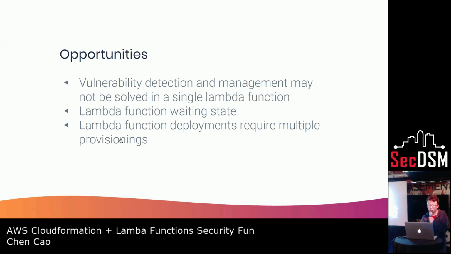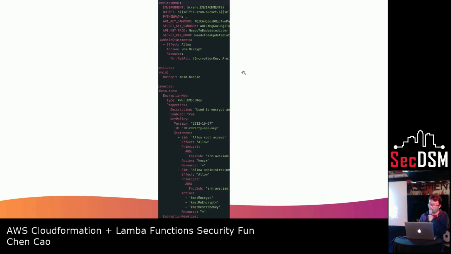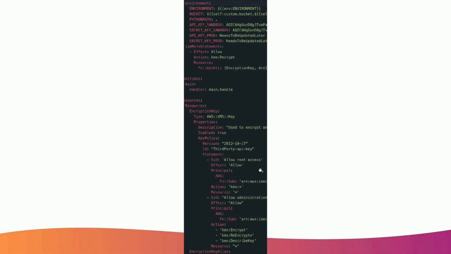The third opportunity would be that Lambda function deployments require multiple provisionings. This is an example config file. You would see we have the API key and secret key used by the third-party API. This is the encrypted value. This original key is encrypted by the KMS key generated here.